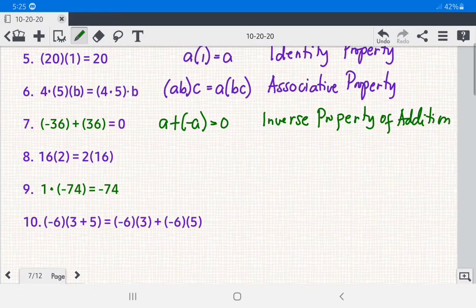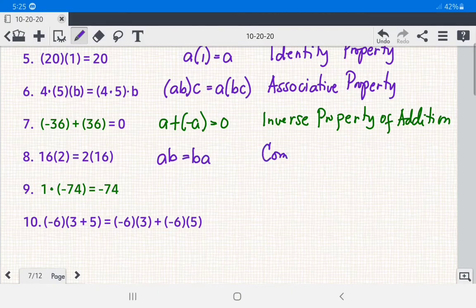Next, number 8, we have 16 times 2 is equal to 2 times 16. So, number 8 is a commutative property because if we have AB, this is equal to BA.